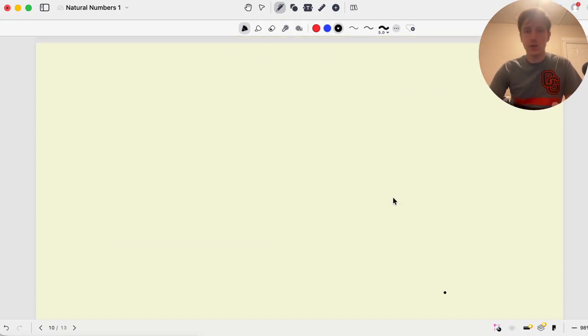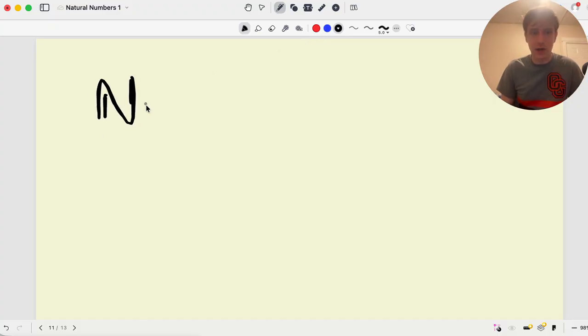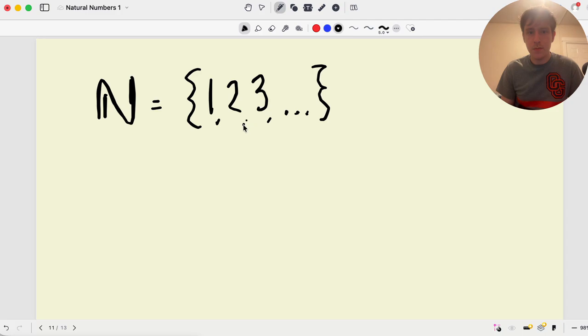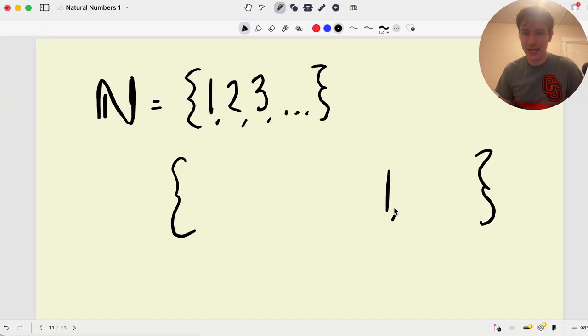Okay, just to summarize what we talked about, we started with this set, which we called the natural numbers, starting at 1, 2, 3, and so on. But then we discovered that if we wanted to compare two numbers, we needed a better, more complete system. So we have a bigger set that has to contain the natural numbers, but also has to contain the inverses to all of those numbers.